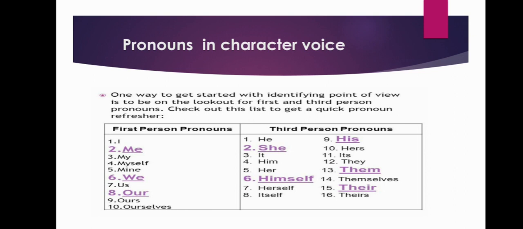And if the story is being told from the third person point of view, you will find pronouns like he, she, it, him, her, himself, herself, itself, and so on, as you can see in the picture. So whenever you need to find out the point of view or the perspective, just look at the pronouns.